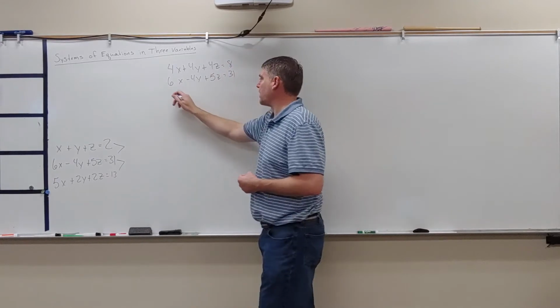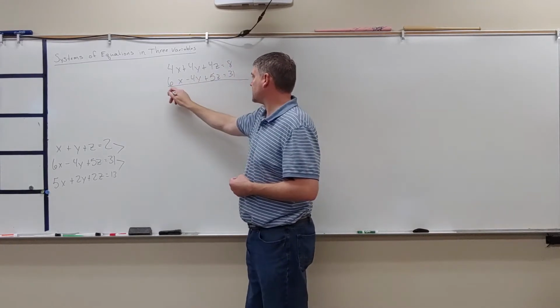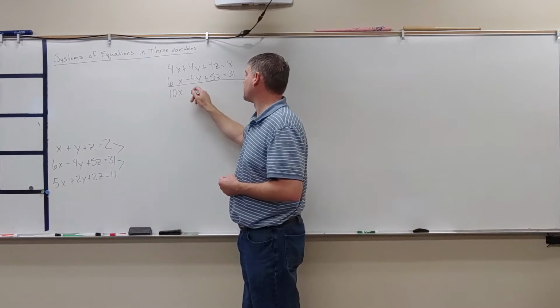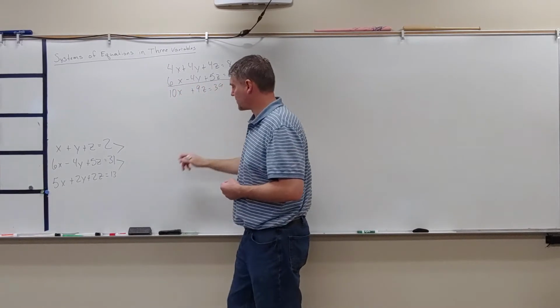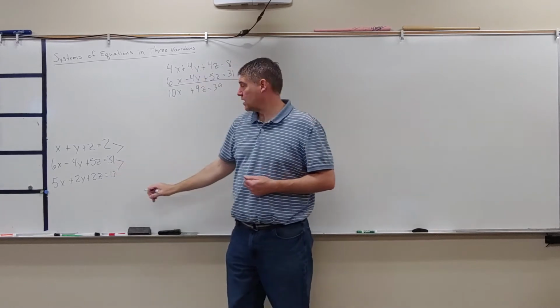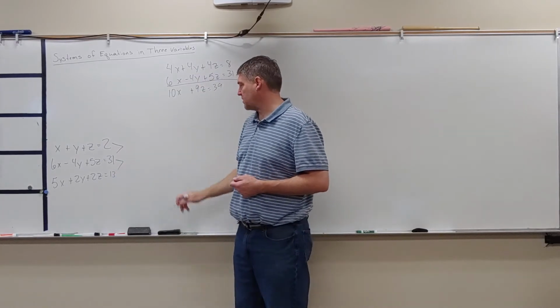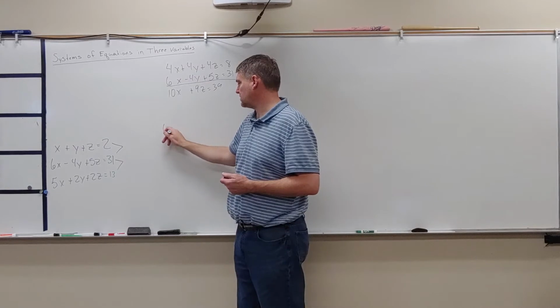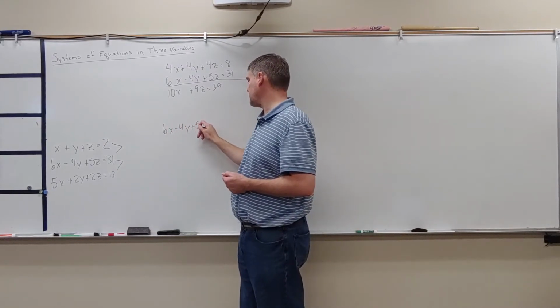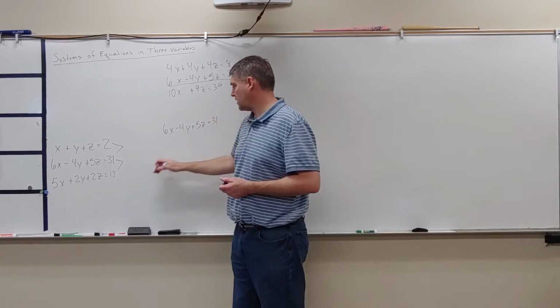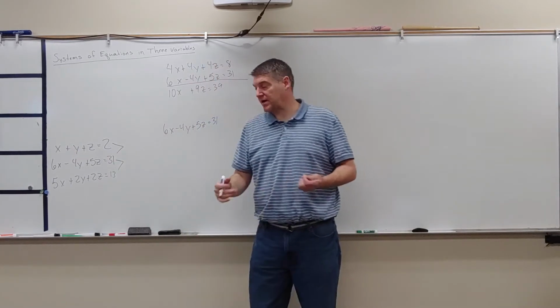And then I'm going to combine these. This gives me 10x plus 9z equals 39. Now I'm going to do the same thing with the bottom and the middle. I'm going to rewrite my middle one, 6x minus 4y plus 5z equals 31. I'm going to multiply the bottom by 2.